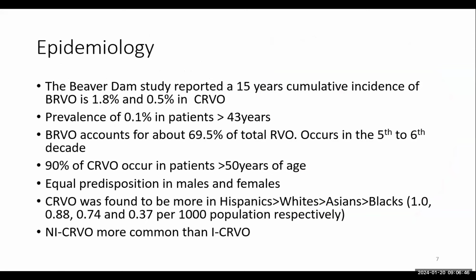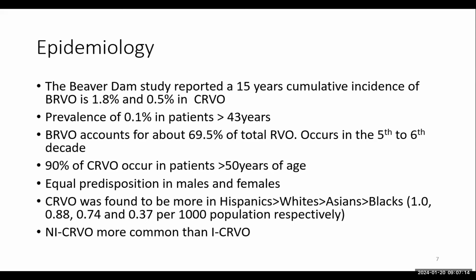Talking about the pathogenesis, it's important for us to know the epidemiology of retinal vein occlusion. According to the Beaver Dam studies, the 15-year cumulative incidence of branch retinal vein occlusion is 1.8%, and 0.5% for central retinal vein occlusion.